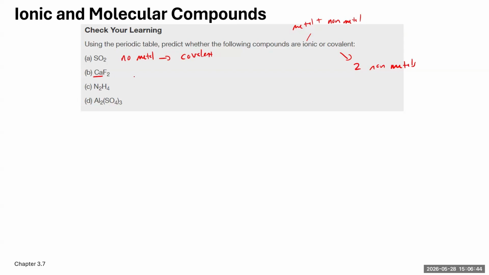Calcium is a metal, so it's ionic. Nitrogen and hydrogen are not metals, so no metal, that's covalent. Aluminum is metal, so this is ionic.